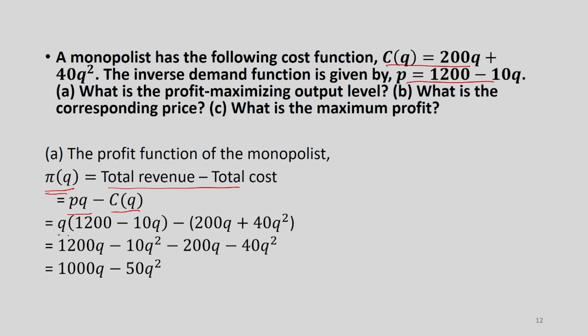So, PQ, that is total revenue, can be found out by multiplying the quantity with price. Price is obtained from the inverse demand function, that is 1200 minus 10Q. Substitute that here, minus the cost, and this is simplified as 1000Q minus 50Q square. This is the profit function.